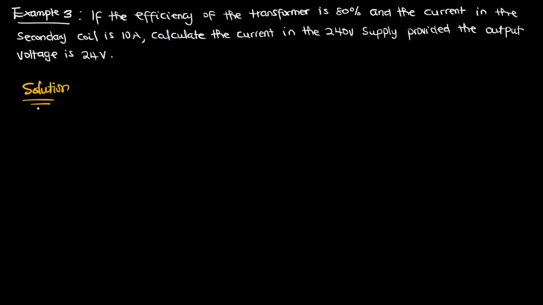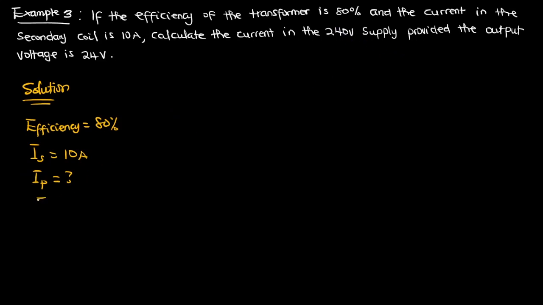They said that the efficiency of the transformer is 80%, and the current in the secondary coil, IS, is 10 amperes. We have to calculate the primary current, which we don't know, in the 240 volt supply.